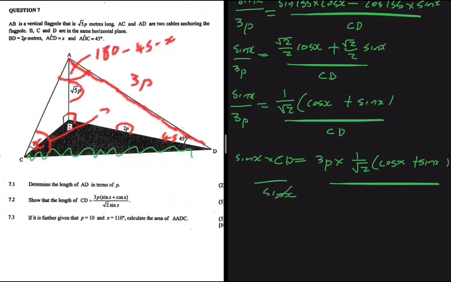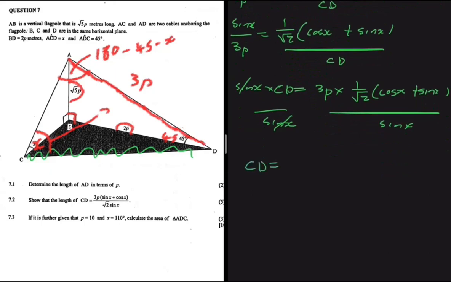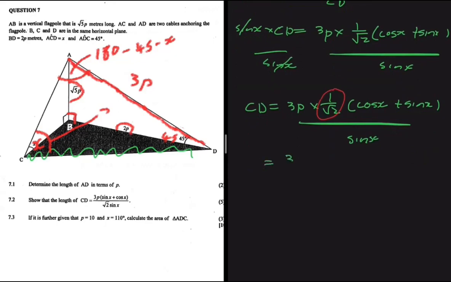If we go ahead and divide both sides by sine of x, then we're gonna have CD being equals to 3p multiplied by 1 divided by square root of 2 multiplied by cos of x plus sine of x divided by sine of x, right? But then instead of putting 1 divided by square root of 2 on the numerator, we can just write CD as 3p multiplied by cos of x plus sine of x divided by sine of x, and then multiplied by square root of 2. And we have proved exactly what we are supposed to prove.